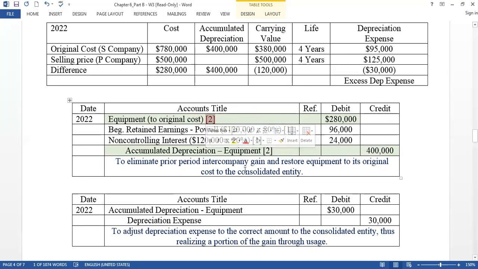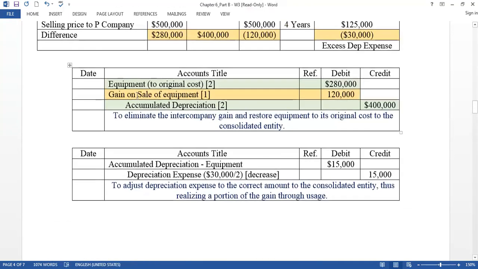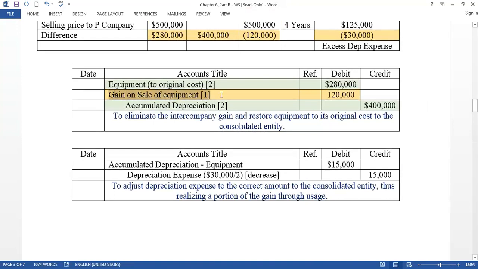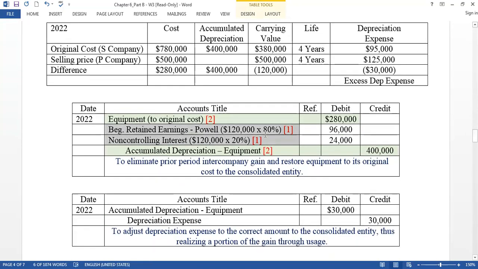So this is the same journal entry, year 1 and year 2. But the difference is in year 1, we eliminate the gain or loss from the subsidiary account, and this gain or loss was already transferred to the consolidated retained earnings, right? And we eliminate this gain or loss from the retained earnings.